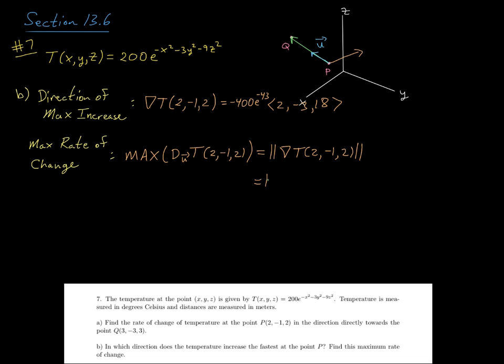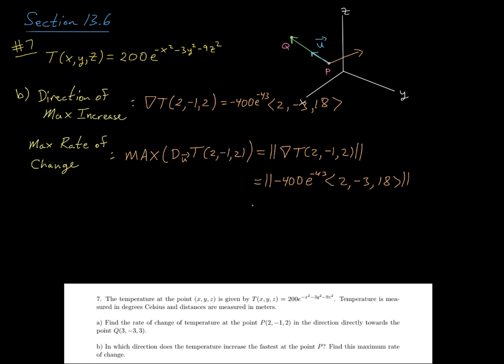So here I'm going to take the magnitude of this thing, which is minus 400 e to the minus 43rd power times the vector 2, -3, 18.